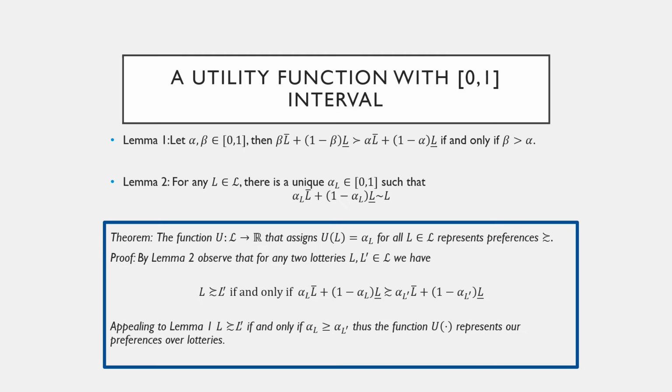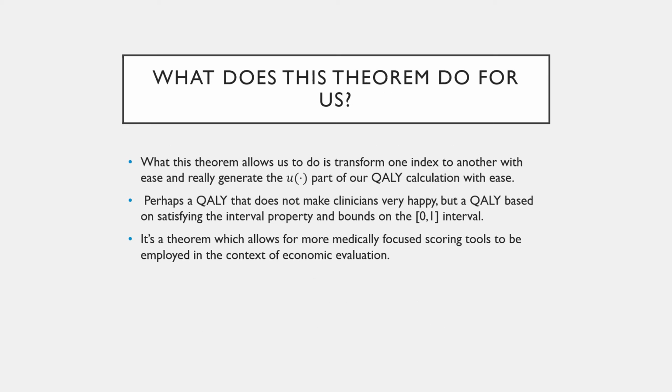Appealing to lemma 1, this is only true if and only if alpha L is greater than or equal to alpha L prime. Thus, the function u represents preferences over lotteries. So this utility function could represent all our preferences over these lotteries here.